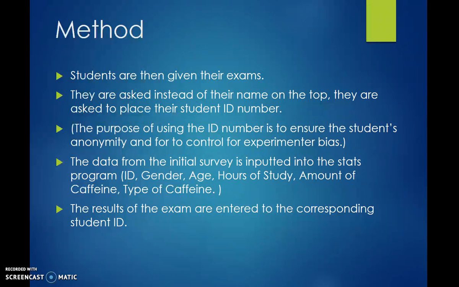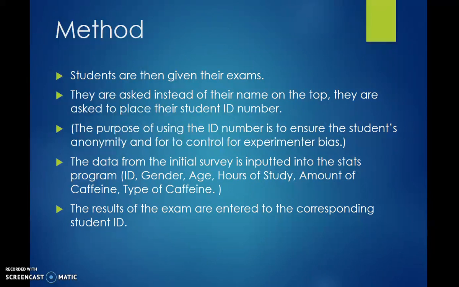This also gives me the opportunity to remove any kind of experimenter bias that might be there. Like, let's say these are my students and I really like a few of them. If I see their name, maybe, that kind of thing. So student ID is put on it, so that is removed from the possibility of confounding variables as well.